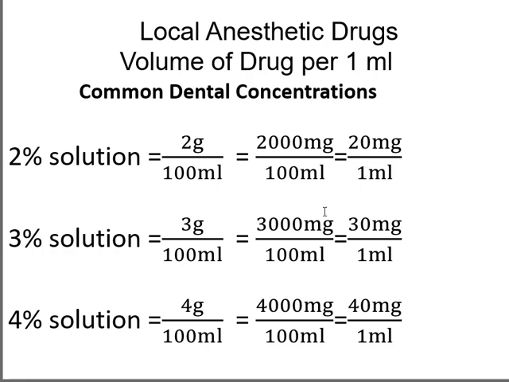If you want to write it all out, you can write it all out if that helps you, or you can start here, 20 milligrams of lidocaine per 1 milliliter. And the 3% solution would be mepivacaine. So in 1 milliliter of water, a 3% mepivacaine solution would have 30 milligrams. And prilocaine at 4% and articaine at 4% would have 40 milligrams per 1 milliliter.